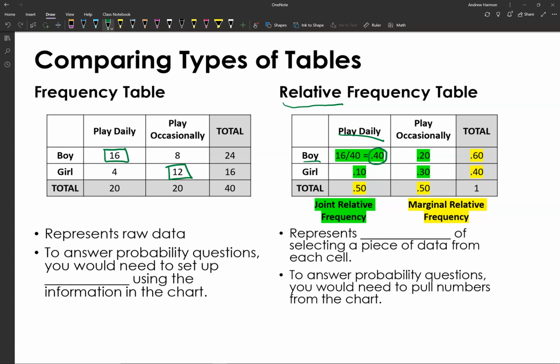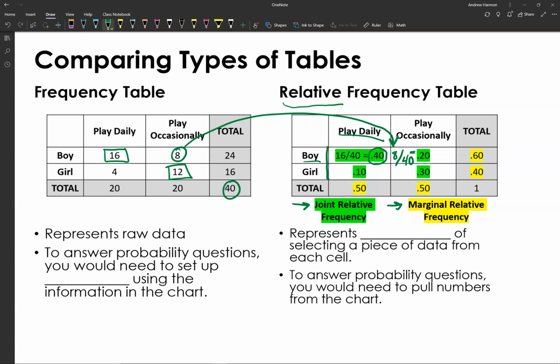If we look at this, each one of these values came from taking the value that was in the box and dividing it by the total 40, and that's how they got 0.2. And then the same thing for each one of those probabilities. Now, in the previous slide we talked about joint and marginal relative frequency.